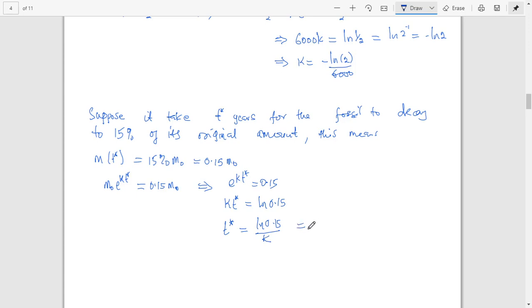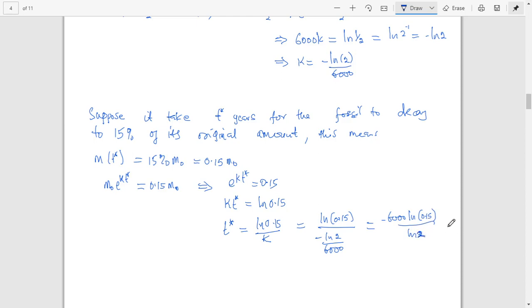What was my k? My k is negative ln of 2 divided by 6,000. If you simplify this, you get that this is equal to negative 6,000 natural log of 0.15 divided by the natural log of 2.